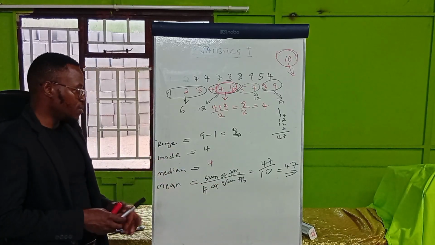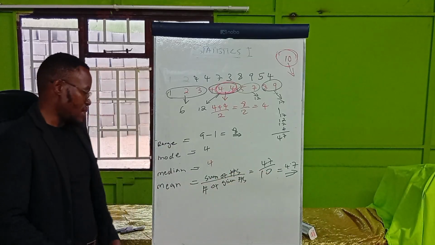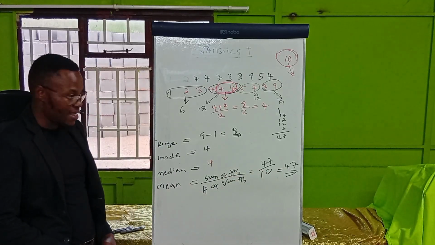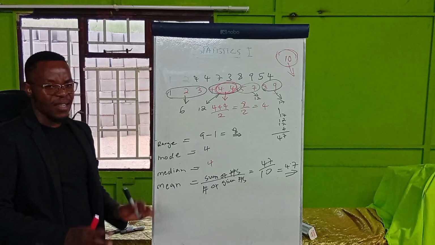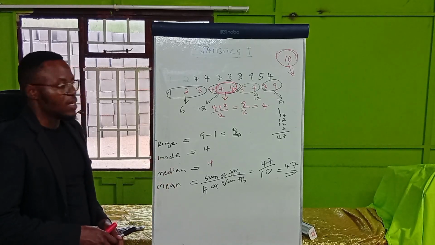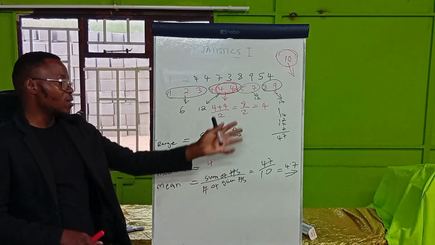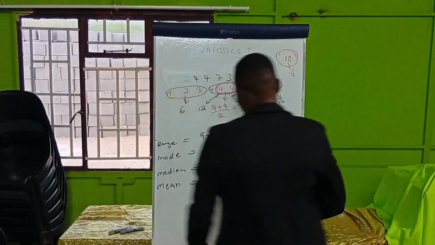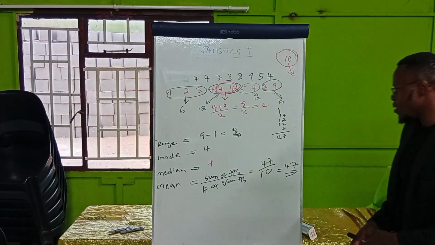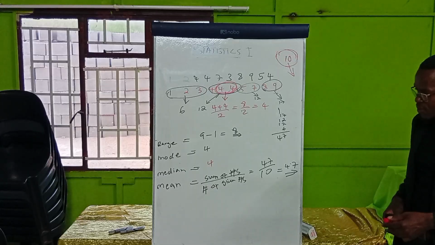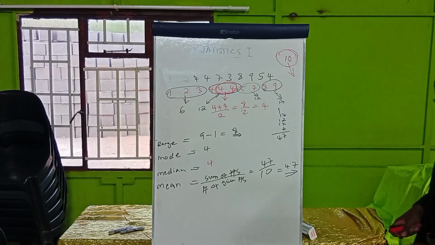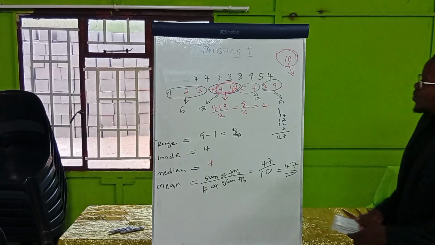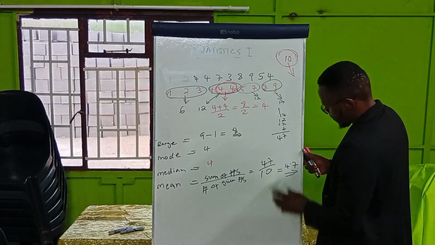If, for instance, my mean was 10, yet my median is 4, then that's not good data, or it would mean that the calculations that I've done are not quite correct, so I'll have to check. This is one way in which you can check if your calculations are right. Okay, so this was the mean and the median for random data.